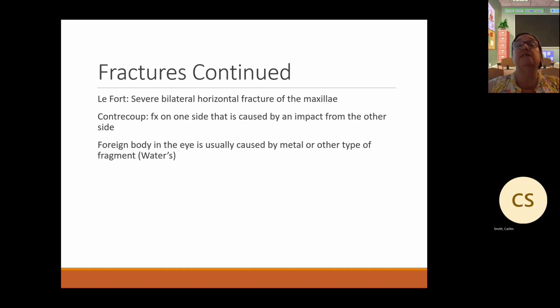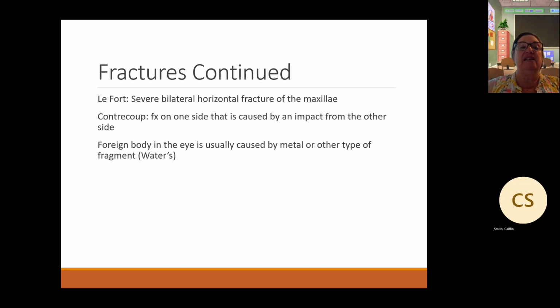And that comes from just basically getting punched in the eye. The Lefort fractures, there are different levels of them, but they're horizontal fractures of the maxilla. A contrecoup is a fracture on one side that was caused from an impact from the other. So if they get hit in the head on the right, there might be a fracture on the left.